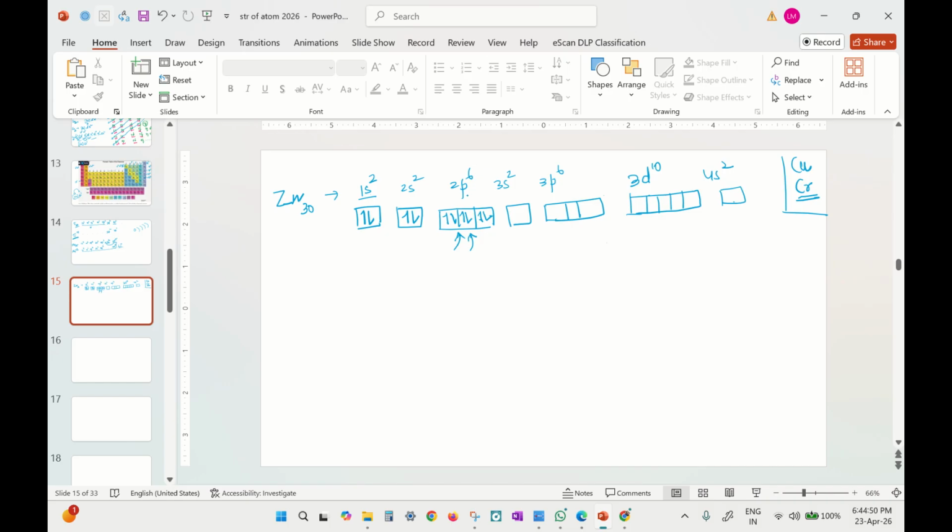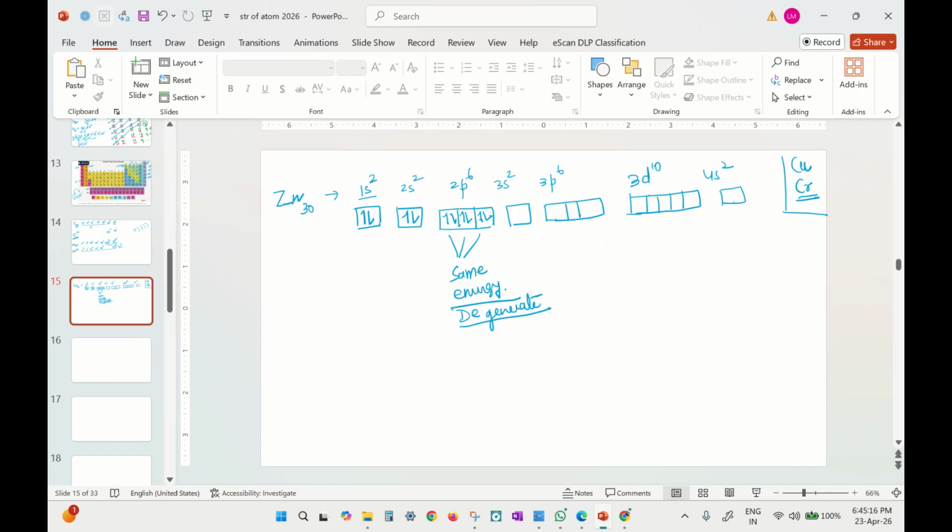Which means all the three orbitals have same energy. And this is supposed to be degenerate. When orbitals of the subshell have got same energy, we can call them technically to be degenerate. All are at the same energy level.